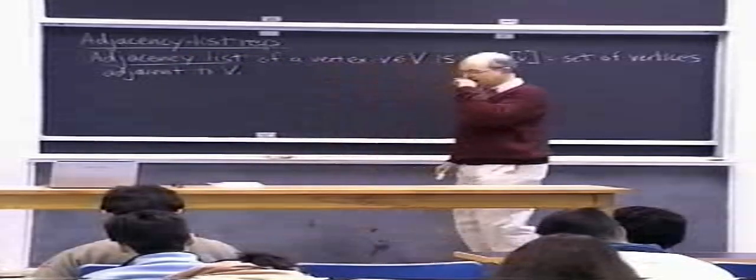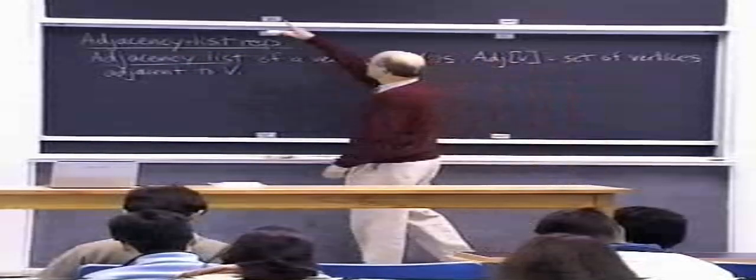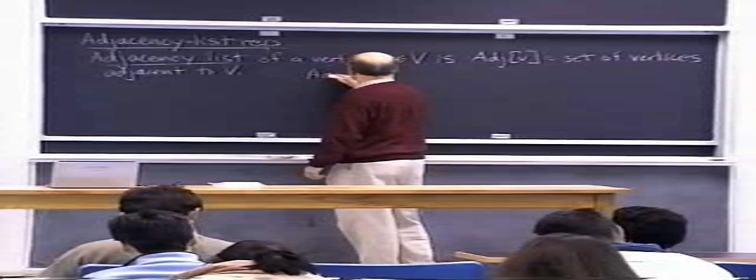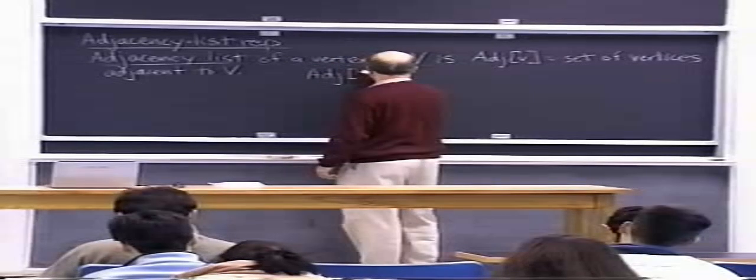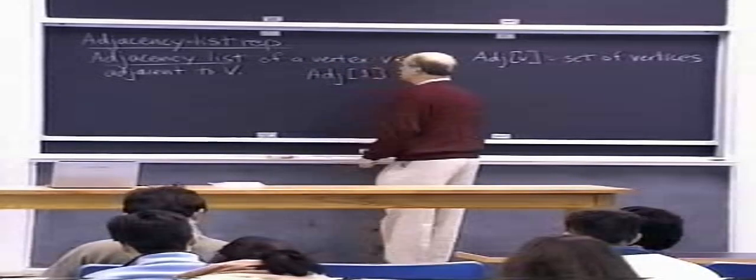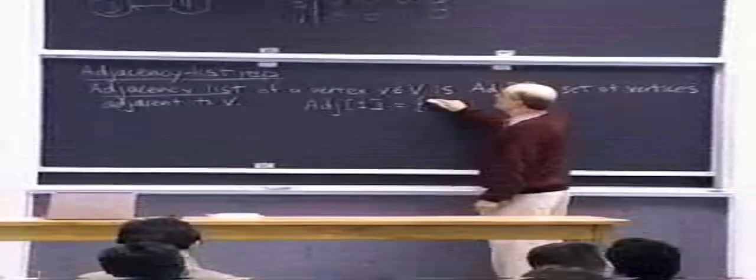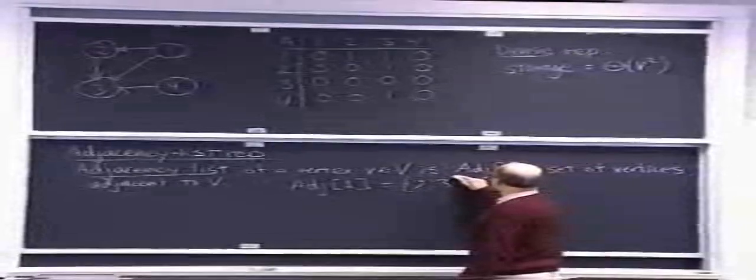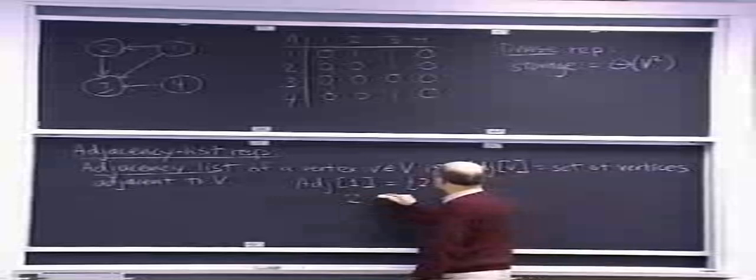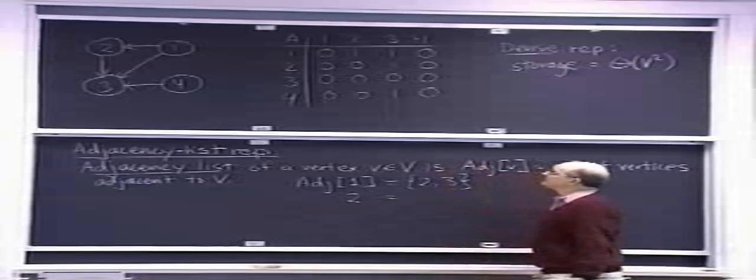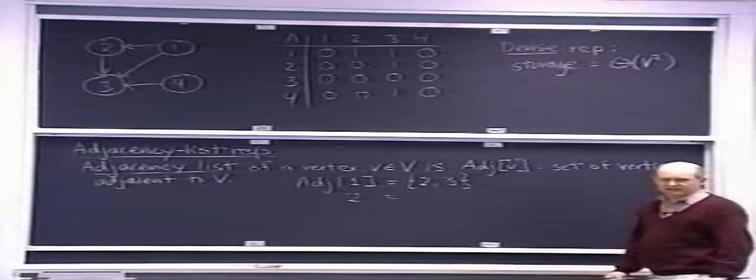So for example, for this graph, the adjacency list of vertex 1 is the set of vertices 2 and 3. And for vertex 2, what's the adjacency list for the vertex 2?